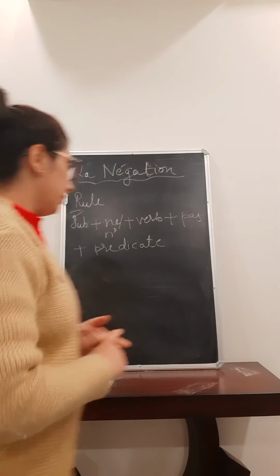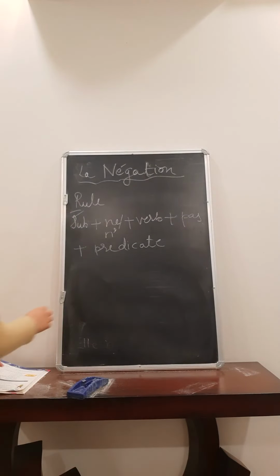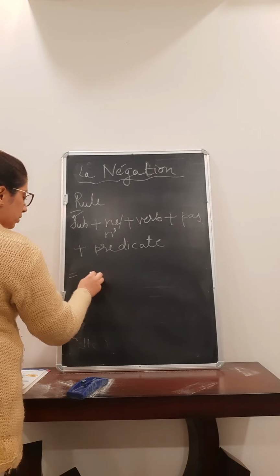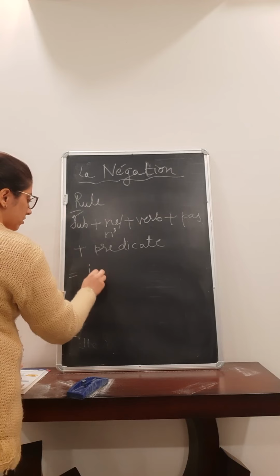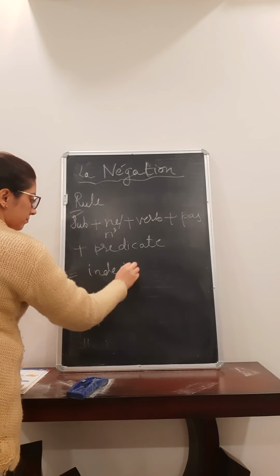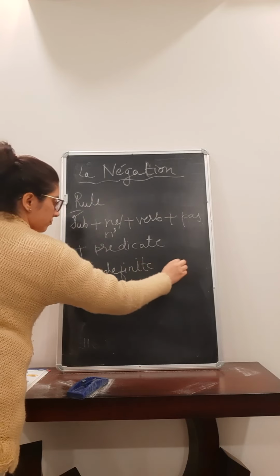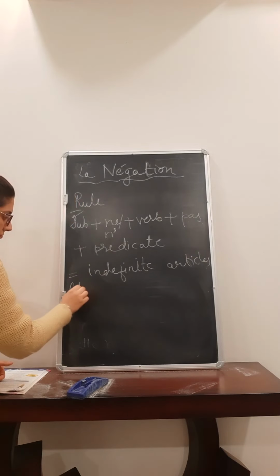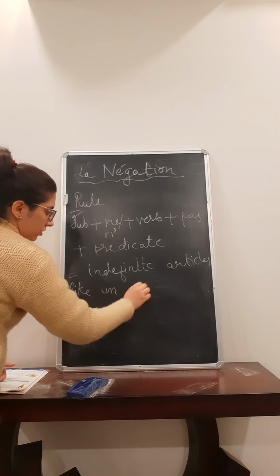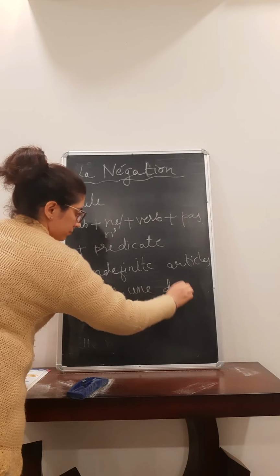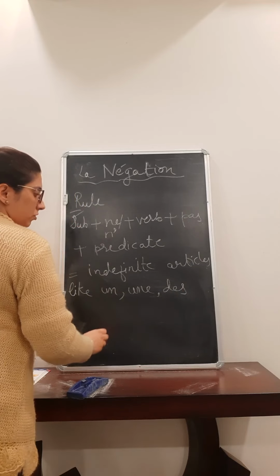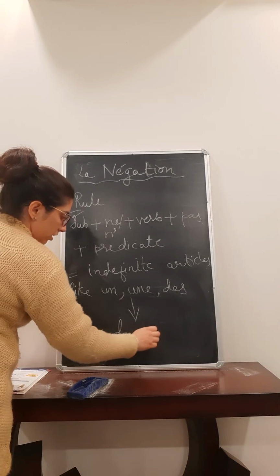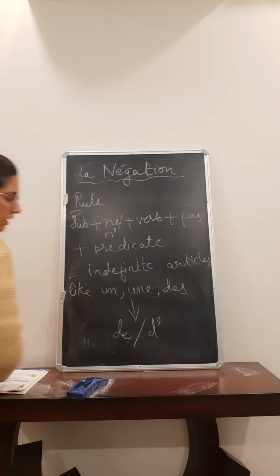We have to change them into de or d'. So the second rule: indefinite articles like un, une, or des will change into de or d' in a negative sentence.